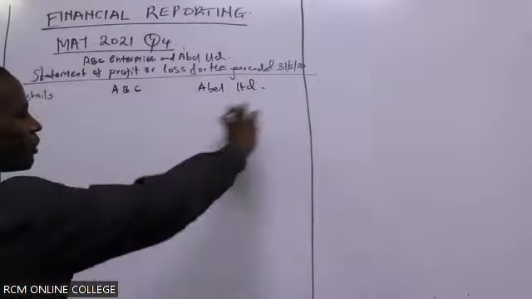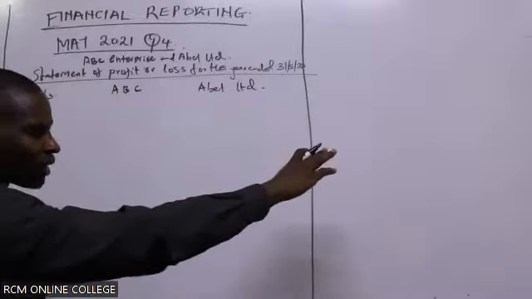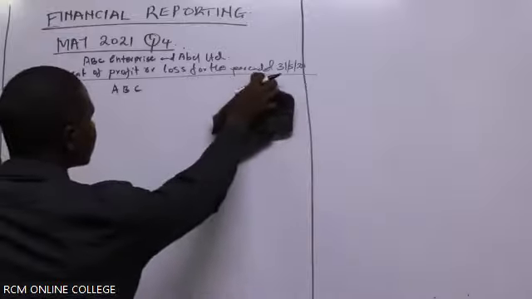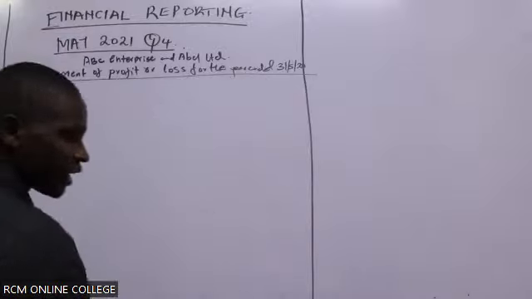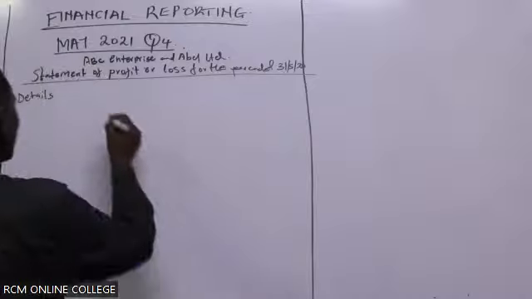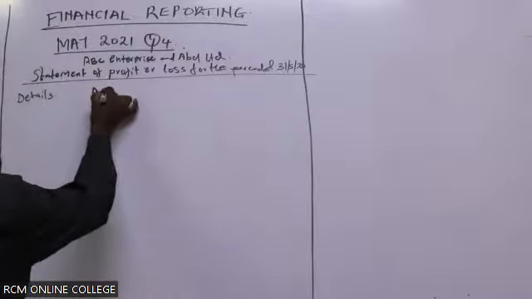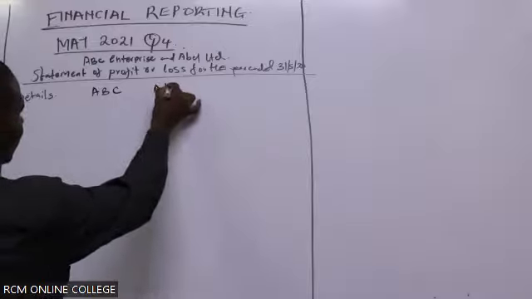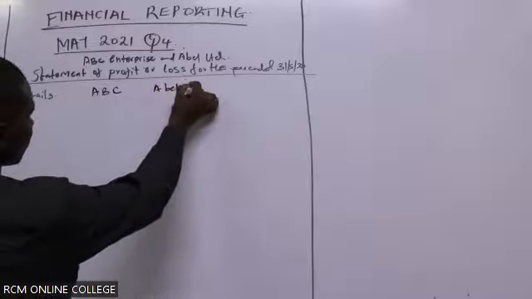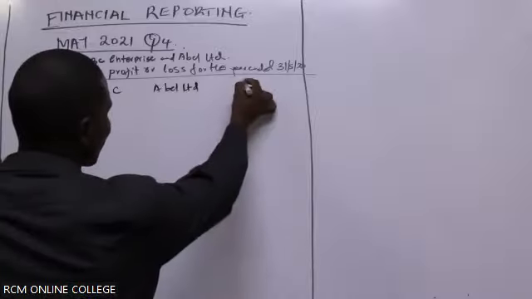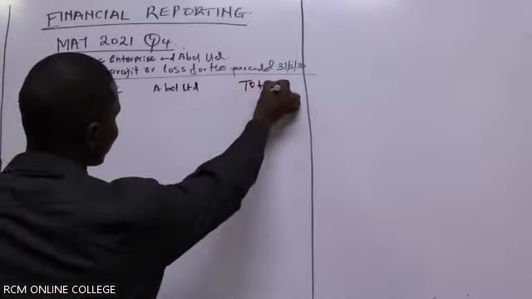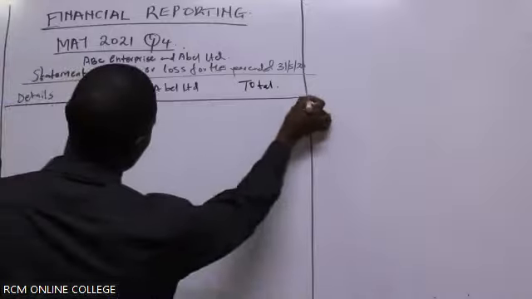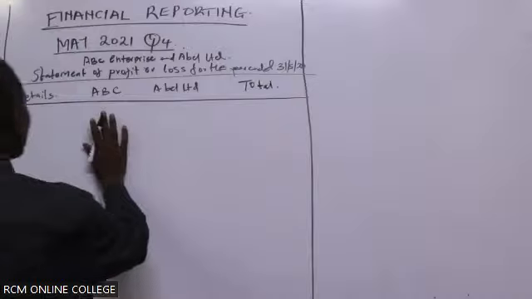Some people will maybe have a total column at the end to make sure that we are following every detail in the data. And remember, the total column is not a must. You can work even without the total column.